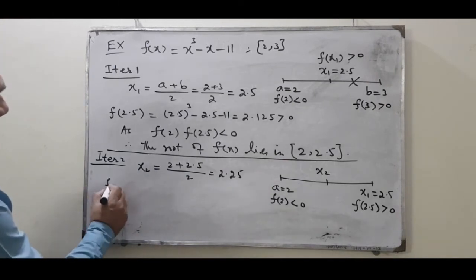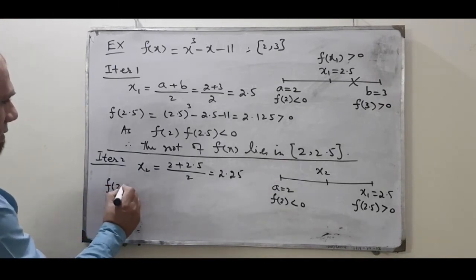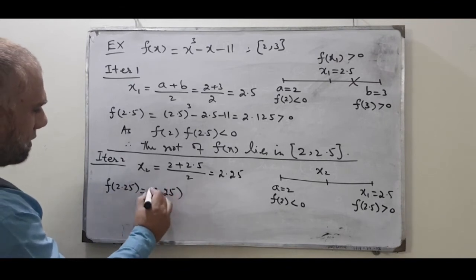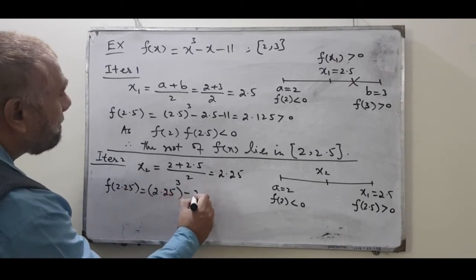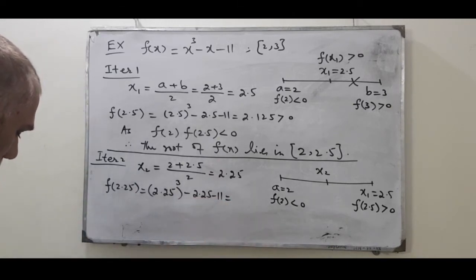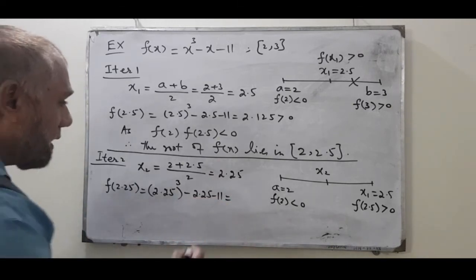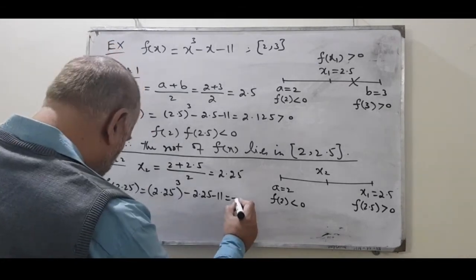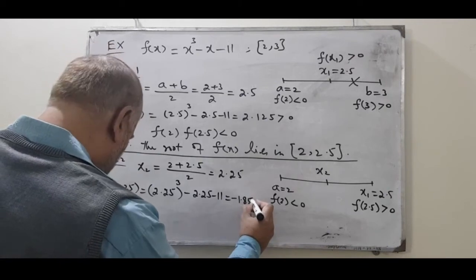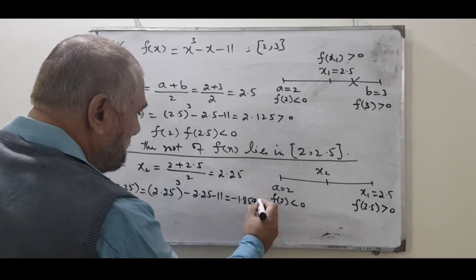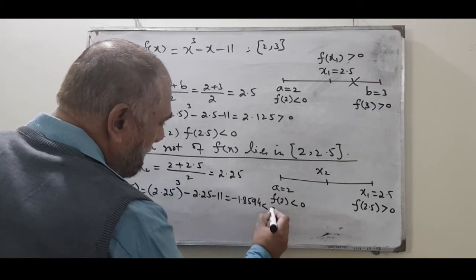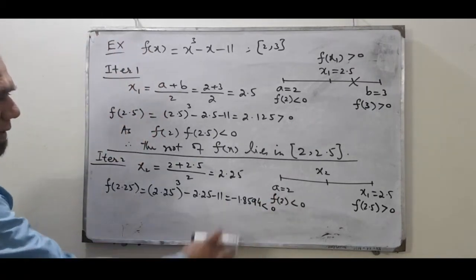Then similarly, we'll find the function's value at 2.25 cubed minus 2.25 minus 11, and on simplifying we'll have another value, minus 1.8594 up to 4 decimal places, and this is negative. Okay, you can see the sign is negative.